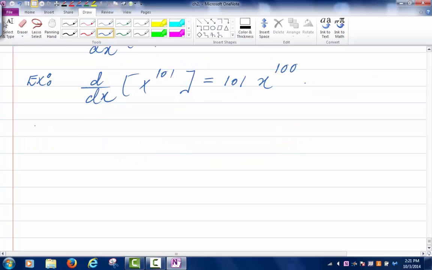In fact, here I stated the power rule in terms of only positive integer exponents, but in fact it doesn't have to be.